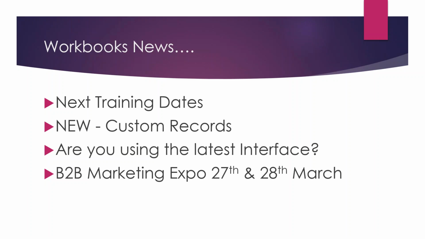This is an optional extra. It's an extension to the main Workbooks subscription, so it does cost a little bit extra. It's an extra £54 per user per year. Now, it needs to be licensed for all users. If you've got a 5-user Workbooks system, you've got to subscribe to 5 extensions of the custom record type.